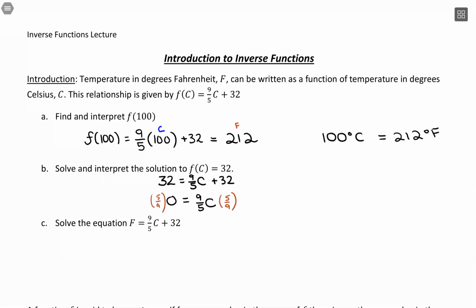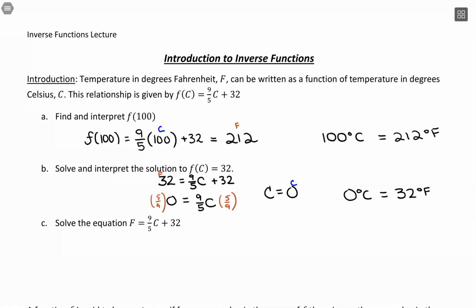Or you could think of that as dividing by 9/5, which is the same thing. And what we're seeing is C is equal to 0. So in this scenario, we got a C of 0, and we started with Fahrenheit of 32. So our conversion here would be 0 degrees Celsius equals 32 degrees Fahrenheit.